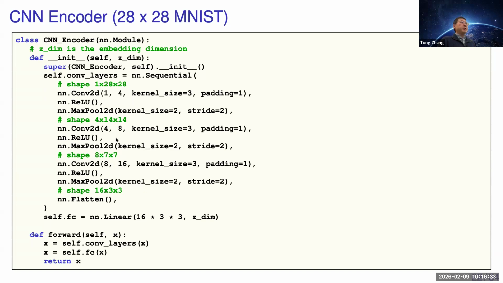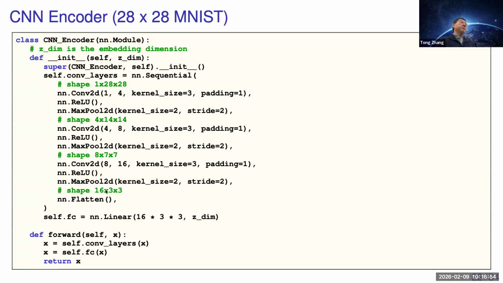Again, this is reduced by 2, so it becomes 8 by 7 by 7. Then you increase the channel again and reduce the spatial dimension again. So 7 by 7, you have to remove one pixel, and it becomes 3 by 3. So now 16 channels, but 3 by 3.